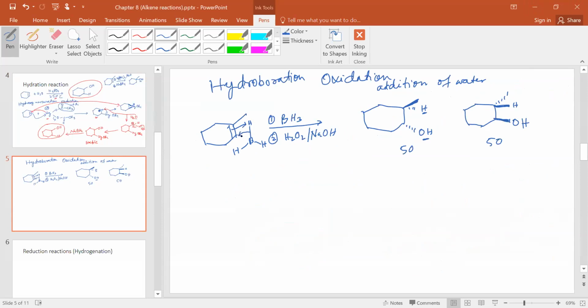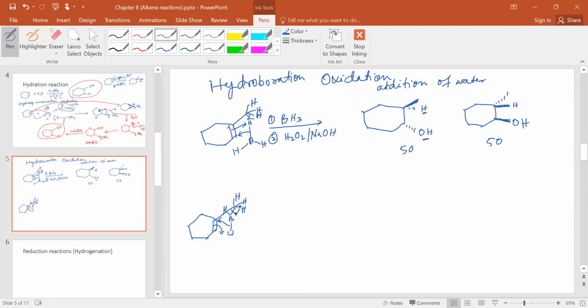Like this. Here you see, because the methyl group is big, putting hydrogen on this side will create less steric hindrance. If you put boron on this side, then the methyl group will create more steric hindrance, and that's why it will not fit.